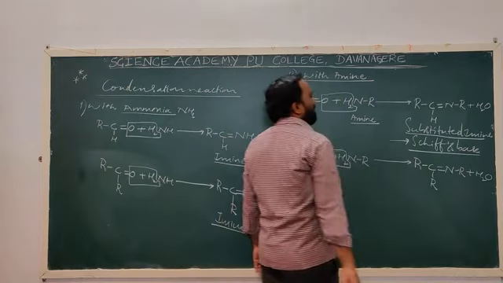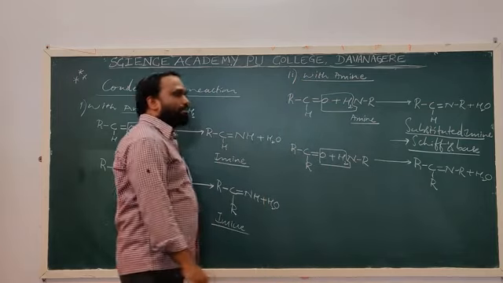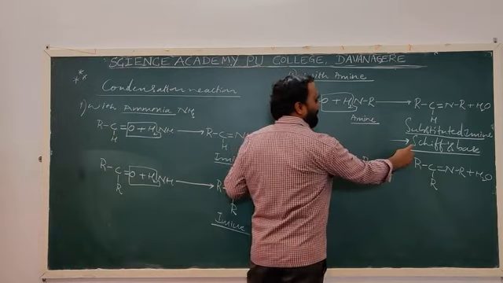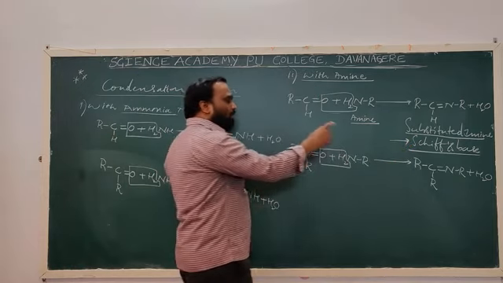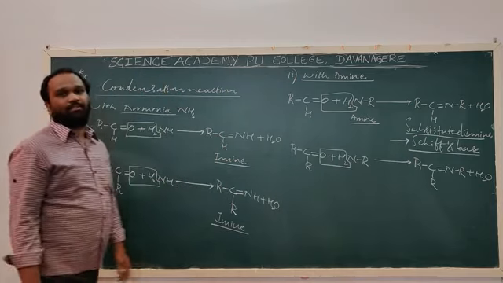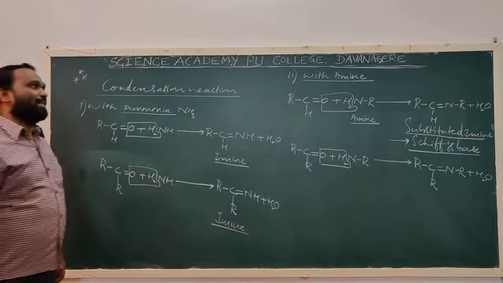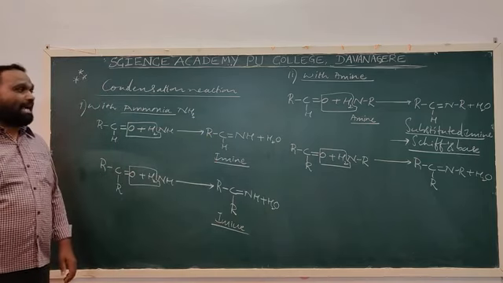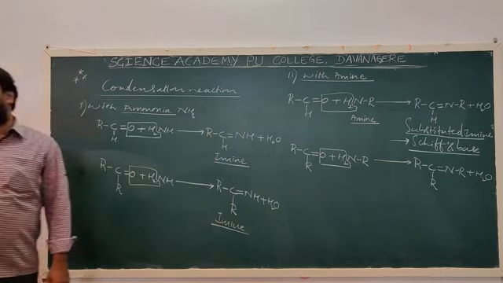When an aldehyde reacts with a primary amine, the product formed is called a Schiff's base. These are the general reactions of how aldehydes react with ammonia and amines.